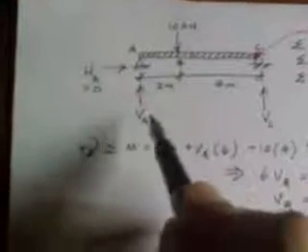Okay, so if we go from left to right, the first force is VA, and VA is actually going up. So therefore, we have VA. Okay, and then we have this 10 kilonewton force going down. So we put in 10 kilonewton there, and then we have VC going up.